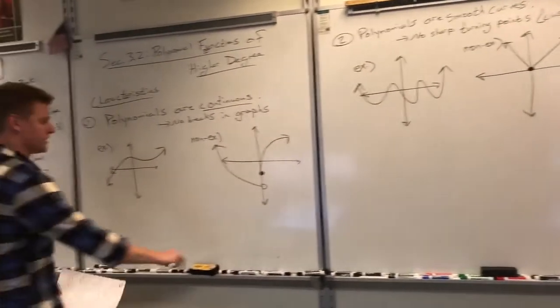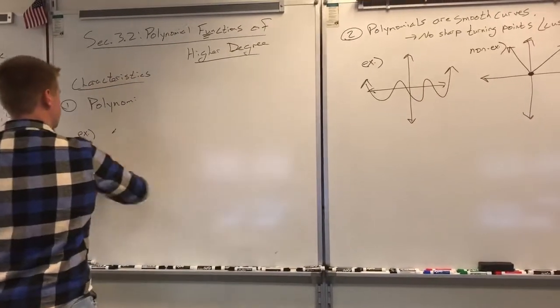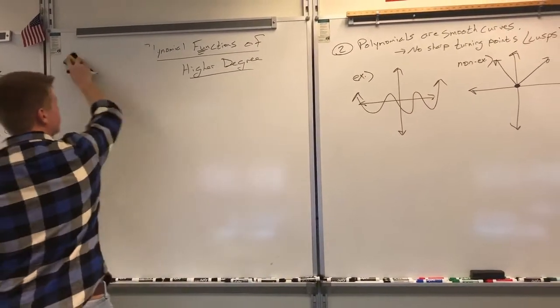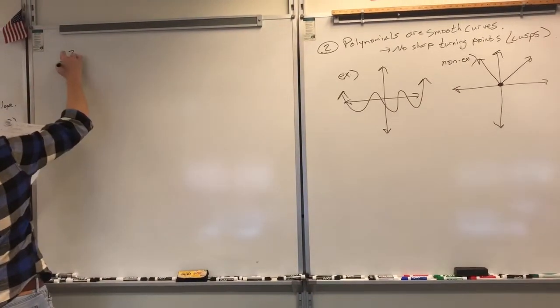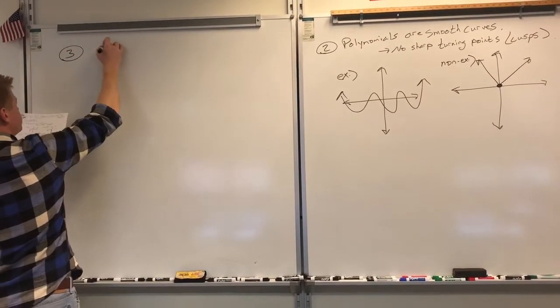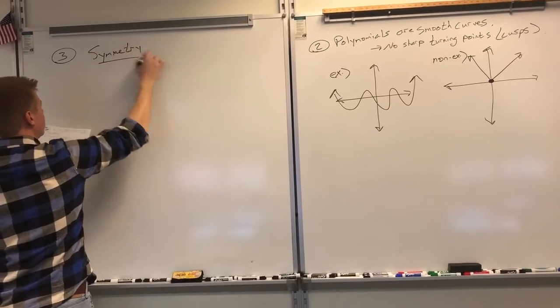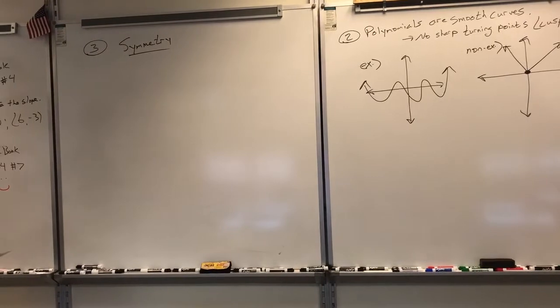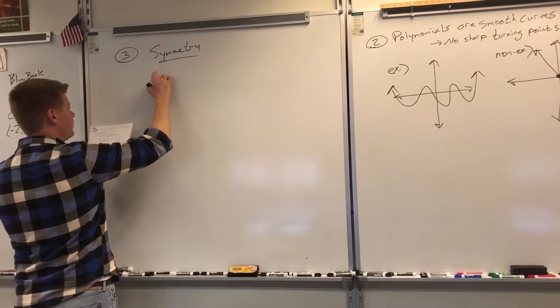The third characteristic that we can discuss, once again with any polynomial, is an old idea, and it's symmetry. So we can discuss symmetry also. All right, now we're going to discuss 2 types of symmetry.